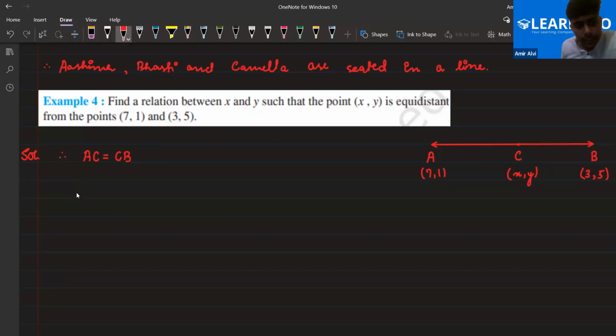Okay. So now let's do AC. Sorry, this is x1 and this is x2; I'm taking this as x1 and x2.